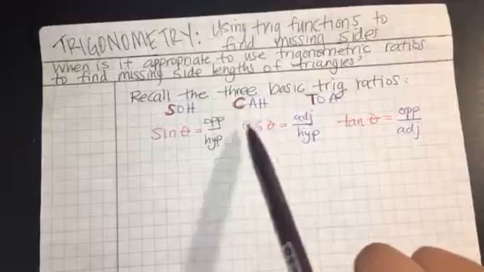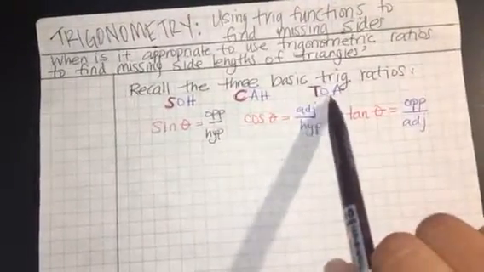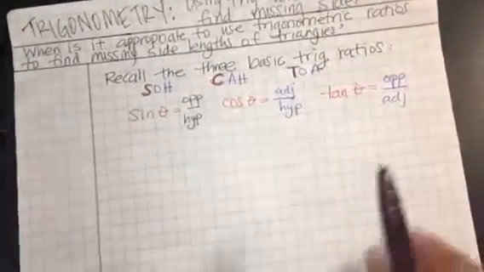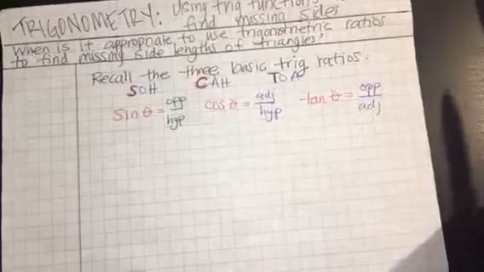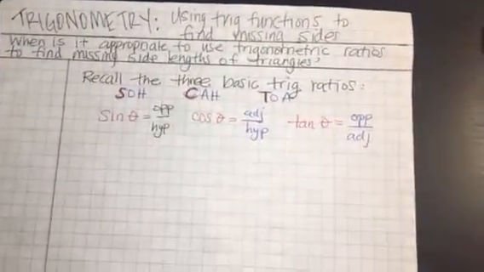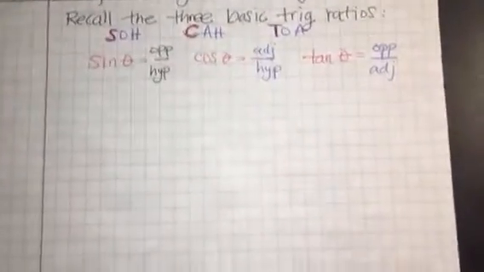Cosine of theta is equal to adjacent over hypotenuse, and TOA, tangent of theta, is opposite over adjacent. So you really need to make sure you recall this and know this before we start finding sides of these triangles. Okay, so I'm going to start with an example.